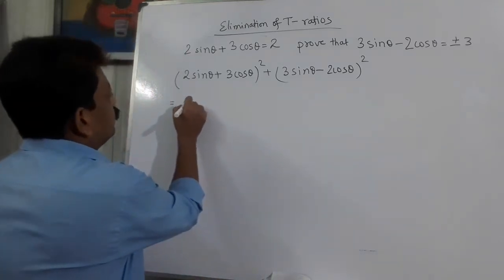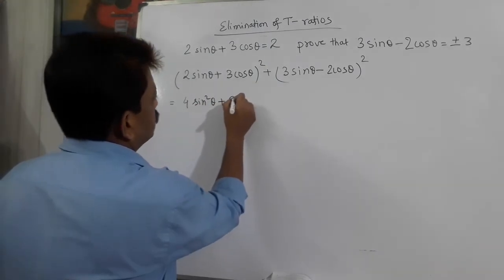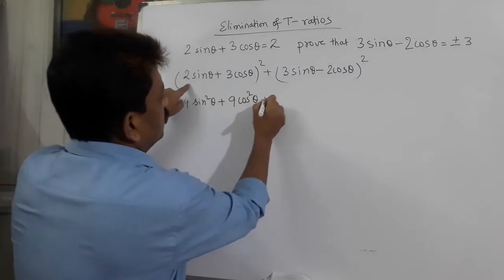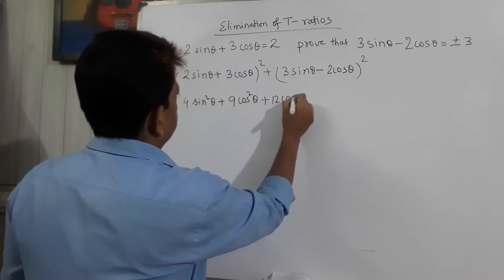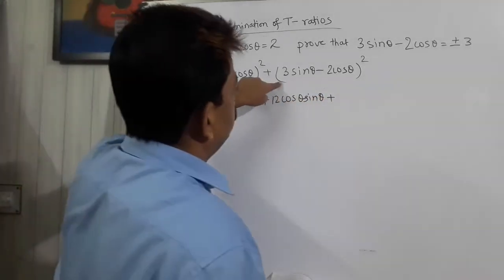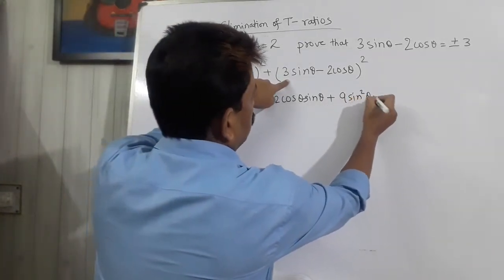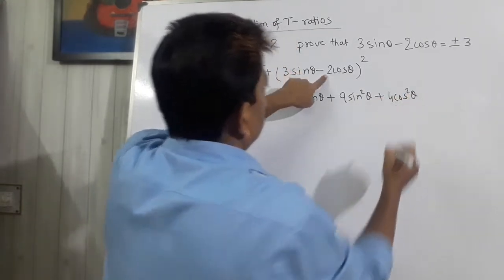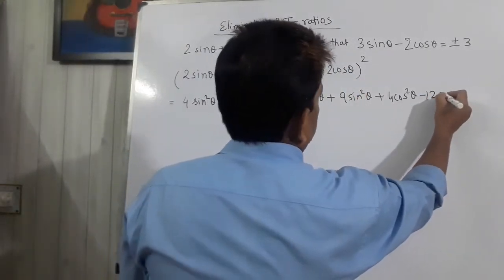So a square means 4 sin square theta, plus b square means 9 cos square theta, plus 2ab, 2 times 3 times 2 is 12 cos theta sin theta. Here (a minus b) whole square, so a square means 9 sin square theta plus b square means 4 cos square theta minus 2ab, so here it is minus 12 cos theta sin theta.